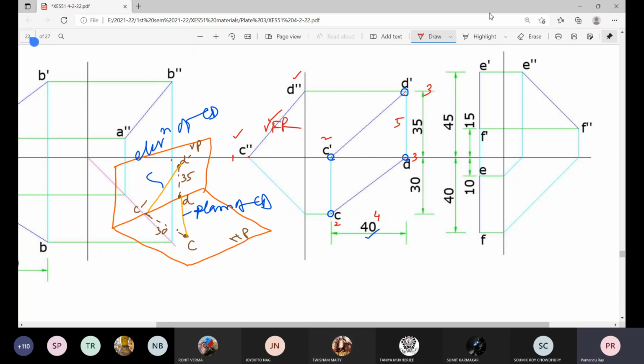But the third part is a little special. Suppose you take a set square and make it parallel to the profile plane, that similar kind of thing will be available here. Okay, so please extend this thing for this problem, whatever it is there, but it needs your attention.